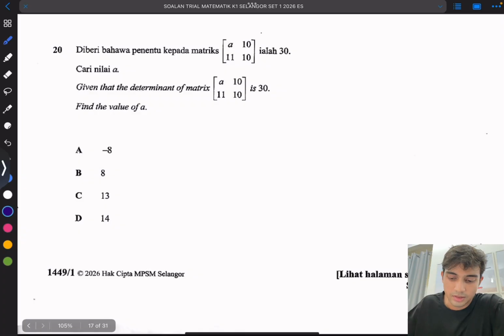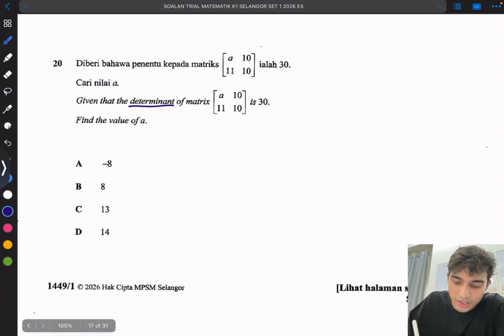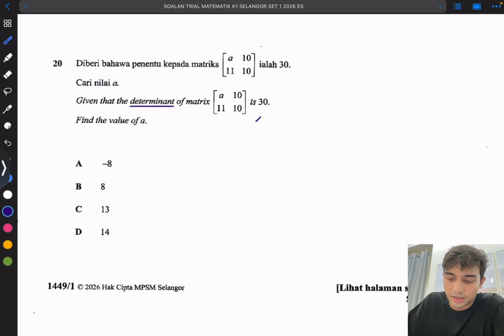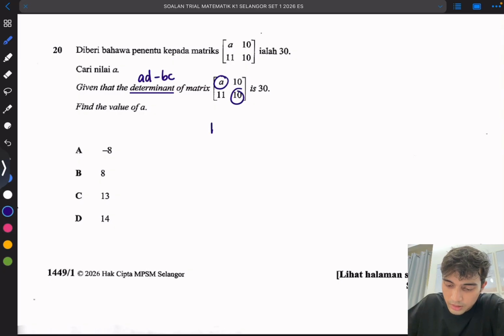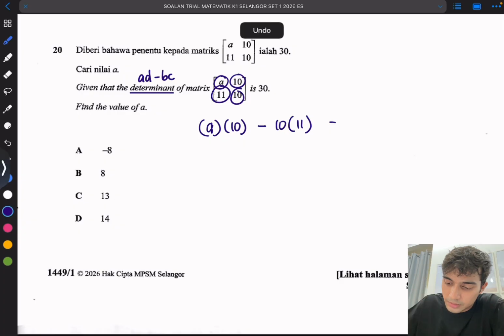20. Halfway. Given that the determinant of this matrix is 30. Okay, determinant means AD minus BC. So this is our ABCD. So AD minus BC equals 30.